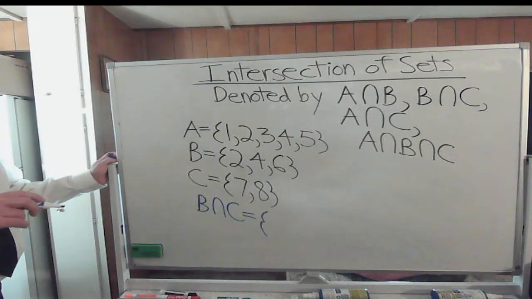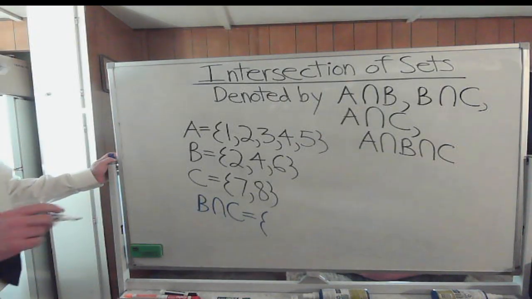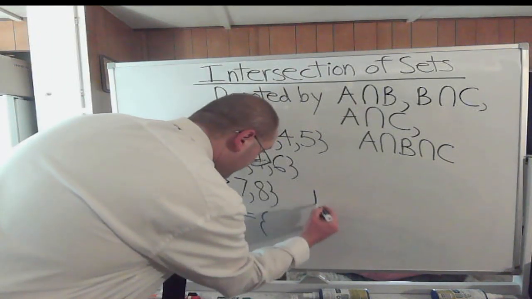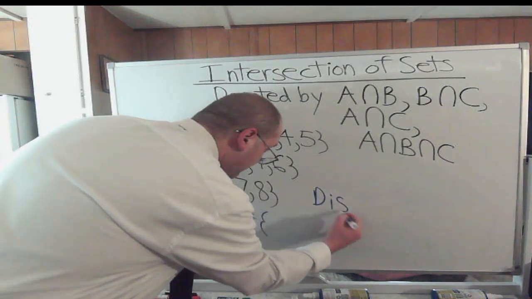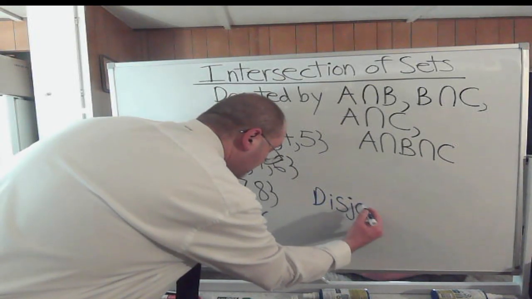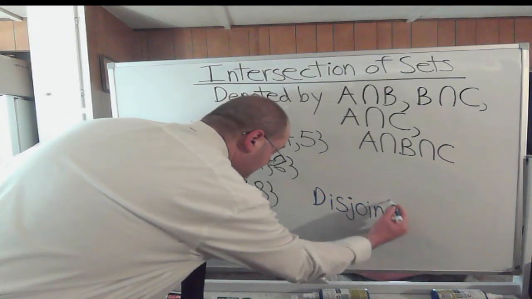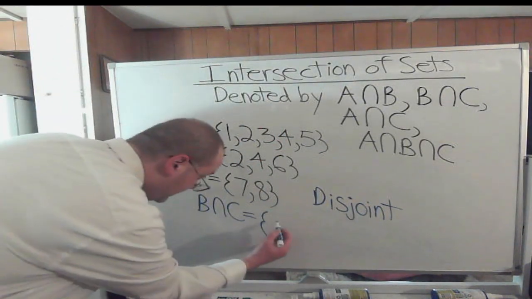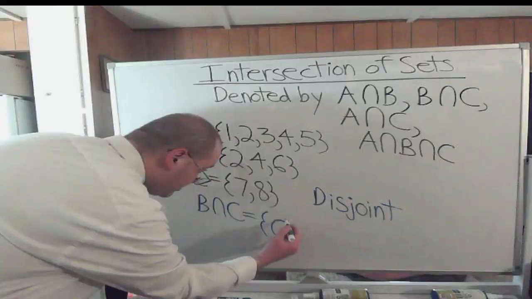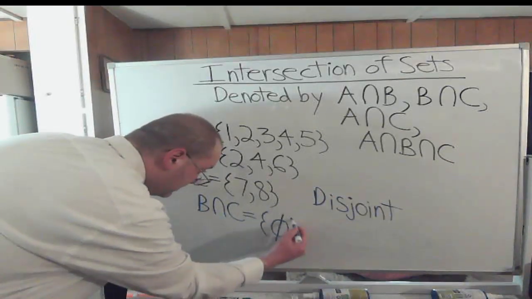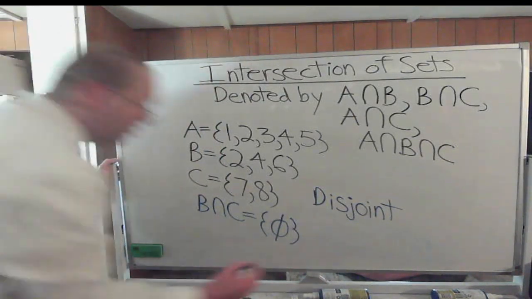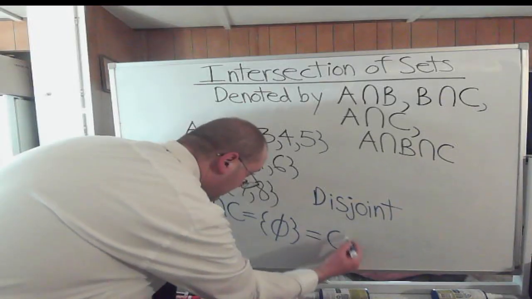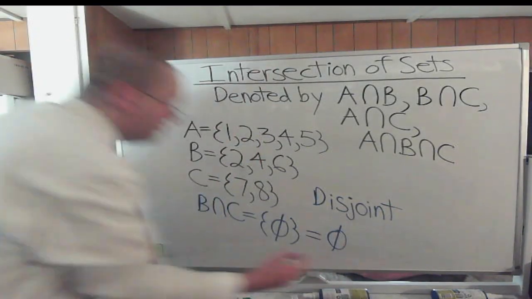in that case, you get what's called a disjoint set. When you have no members in common, in other words, when the intersection proves empty, you get what's called a disjoint set. That's denoted either with set notation looking like a 0 with a slash through it, or you can also just simply draw a circle with a slash through it.